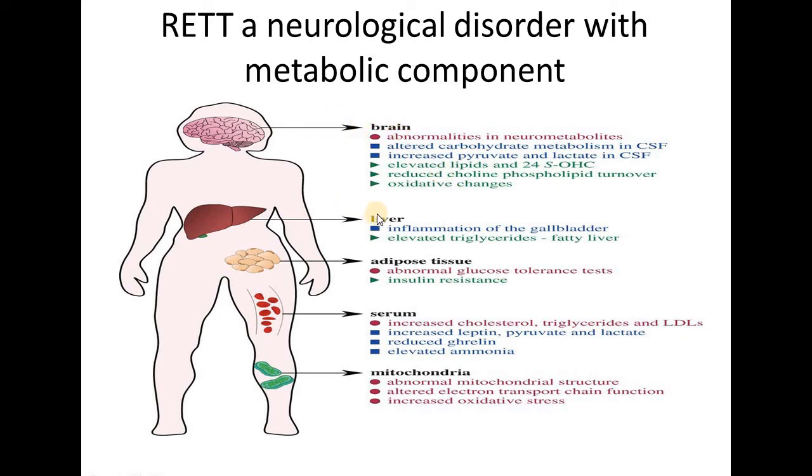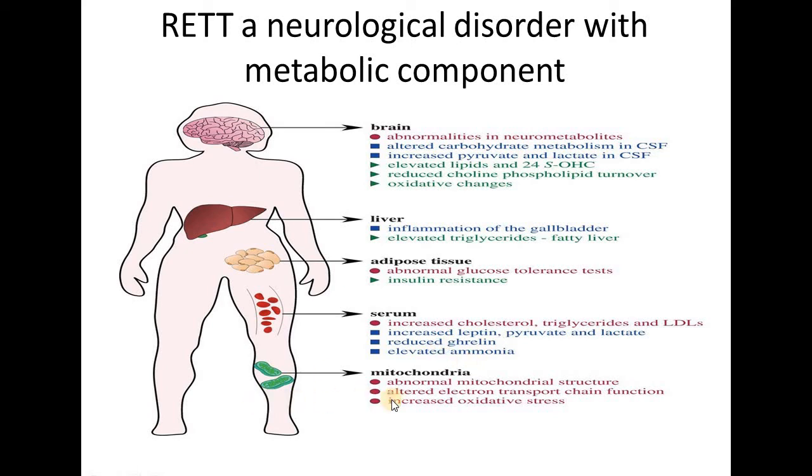And in the liver, there is an inflammation of the gallbladder and elevated triglycerides, that is fatty liver. In adipose tissue, there are abnormal glucose tolerance tests and insulin resistance. In serum, there is increased cholesterol, triglycerides and LDLs, an increase in leptin, pyruvate and lactate, and a reduced ghrelin and elevated ammonia.